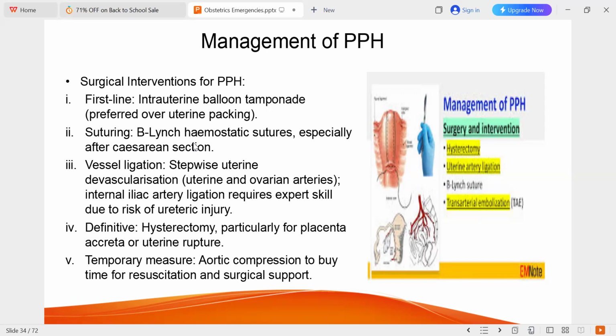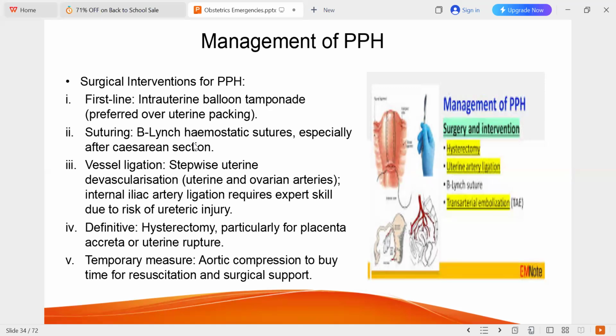Vessel ligation. I remember a very, very proficient obstetrician, I don't want to mention his name. We've done a lot of internal iliac artery ligation, especially in patients with PPH that are not responsive to other modalities of treatment, and especially if the patient is a primipara.